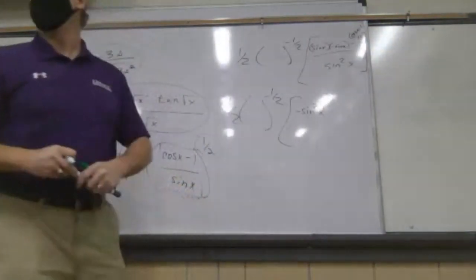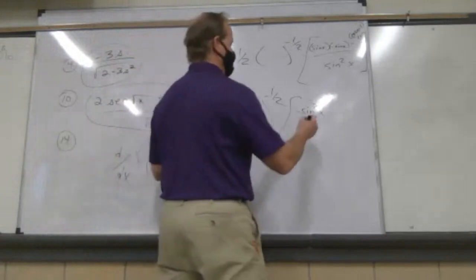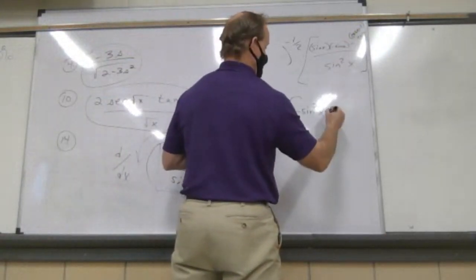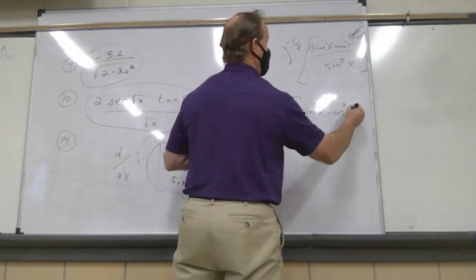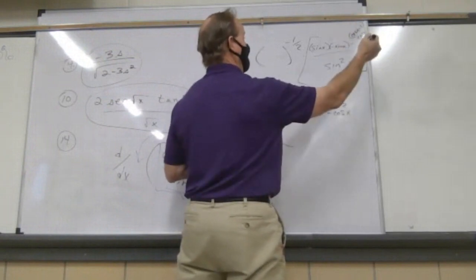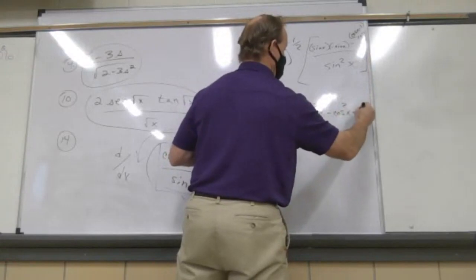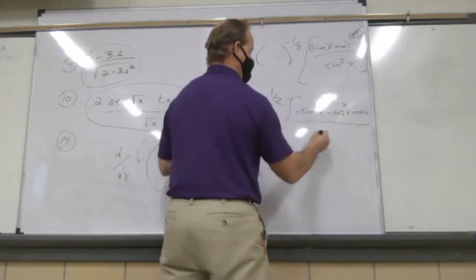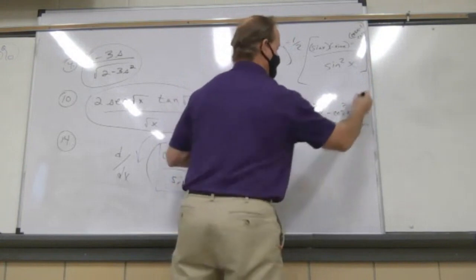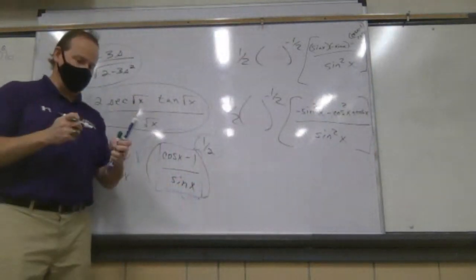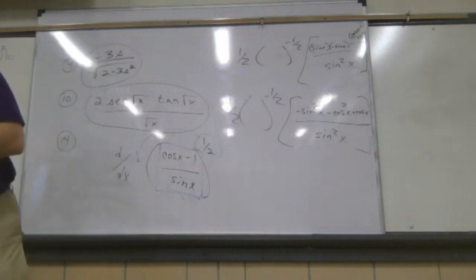Negative times positive is negative, and then sine times sine is sine squared. And then if I multiply through the cosine, it's minus cosine squared x, and then minus times minus is plus cosine x, right? All over sine squared x. Is that right? And then does anybody see how I can make that look a lot better?